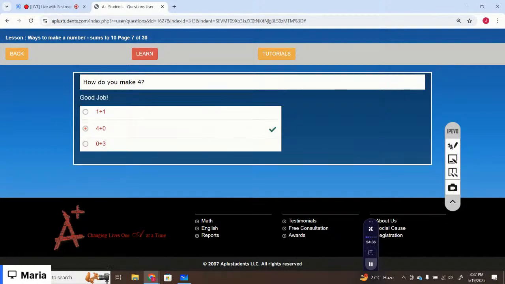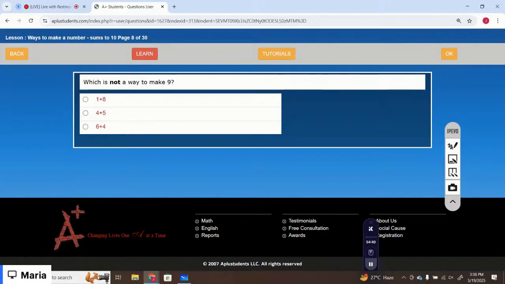Option number 2 is the correct option. Which is not available? Then 6 plus 4 is the correct option.